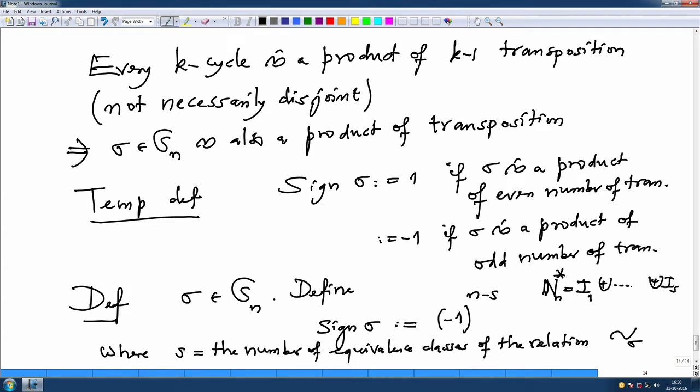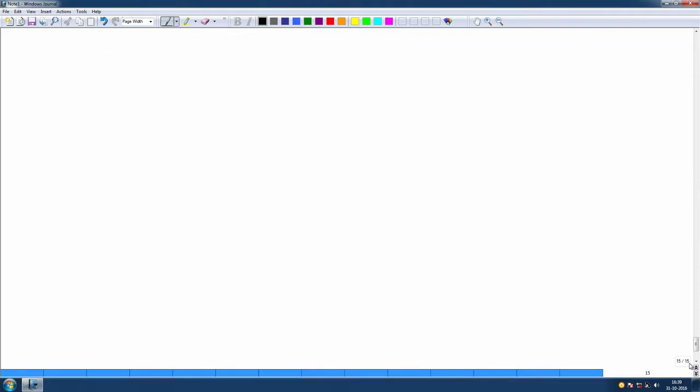Some of them could be singletons and some are not singletons, and only the non-singletons give you a cycle in the product for sigma, and this decomposition is very canonical. It uses only the permutation sigma and nothing else. So let us first analyze this definition. All right, this is called the signature of sigma.